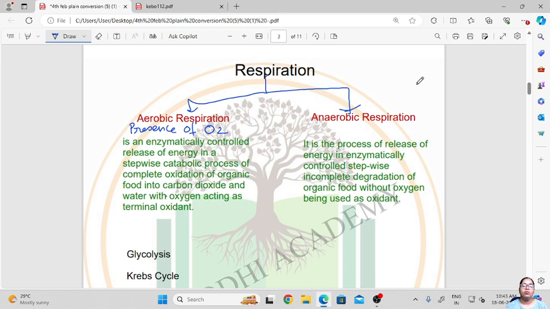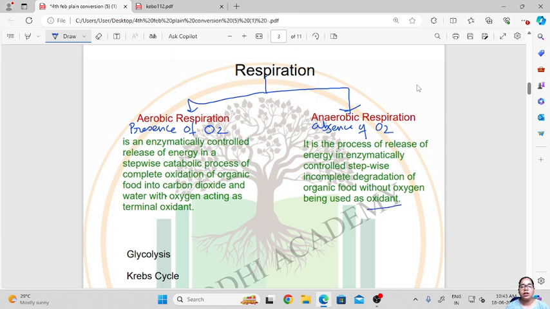Then let us see what is the second type of respiration. The second type is anaerobic respiration, that is in the absence of oxygen. So this type of respiration happens in the absence of oxygen. It is the process of release of energy in an enzymatically controlled stepwise incomplete degradation of organic food without oxygen being used as an oxidant.